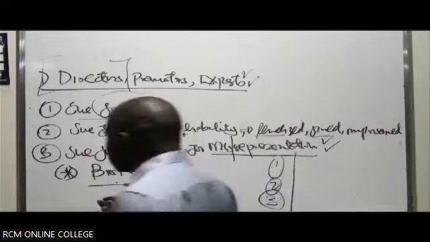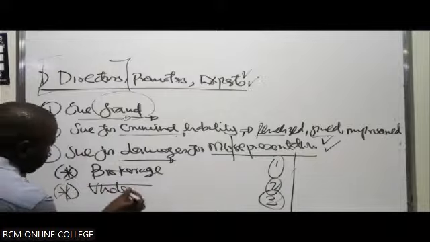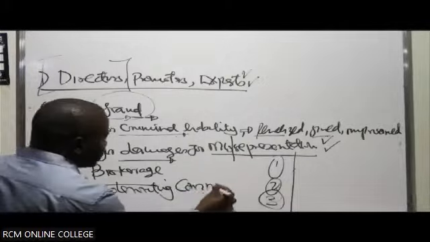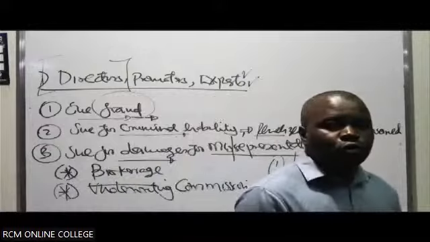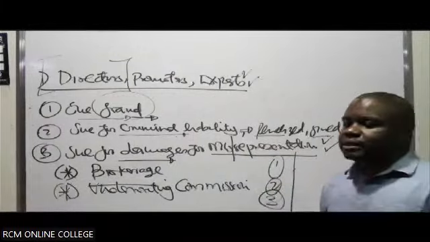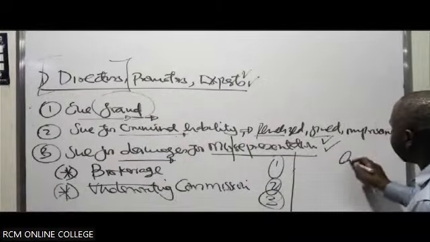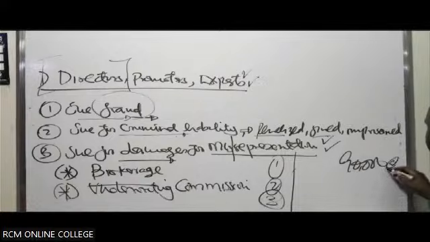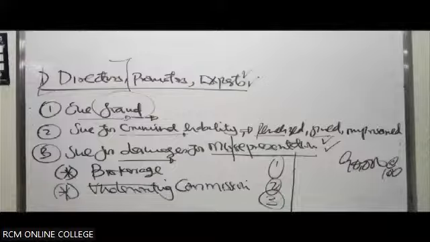Then we also have what we call an underwriting commission. This is something that comes in when you float your shares for subscription and then experience what we call under-subscription. Maybe you offered 90,000 shares, and you want to raise this capital fully. Each share goes for 100, so you are targeting 9 million.